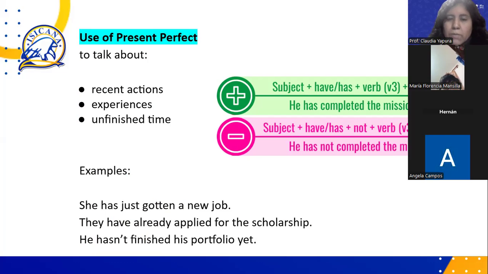If you make a negative sentence, remember to add not, or you can say haven't or hasn't, as you have here in the examples. She has completed the mission. She has not completed the mission. So in this case, now you not only have the verbs in the past, but also you have to study the past participle verbs, which is the third column.